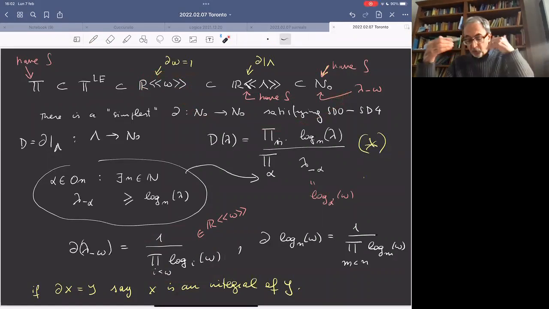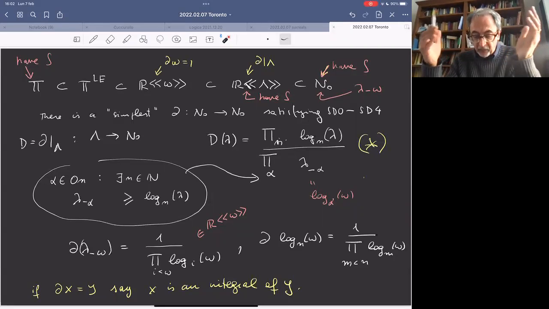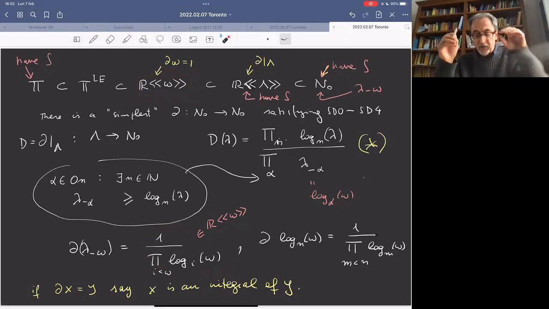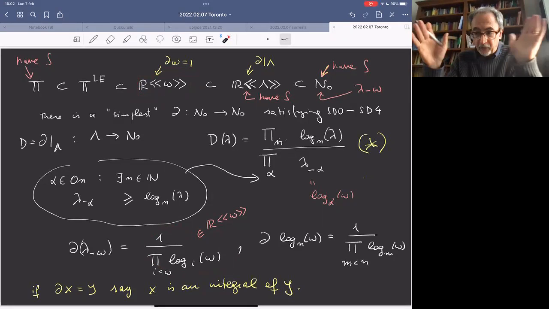And it's not possible to redefine it. You can easily deduce that it will not be possible to redefine the derivative on the bracket of omega in order for this guy to have an integral. Why? Because on the bracket of omega, the derivative is unique. You cannot change it if you want the derivative of omega to be 1.